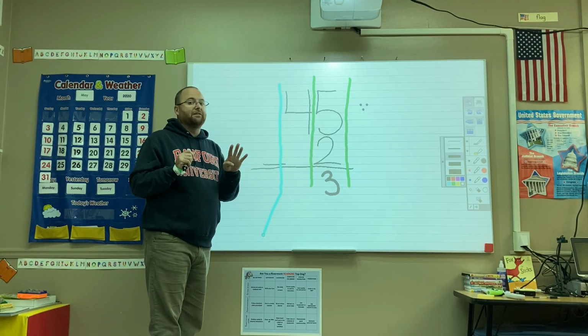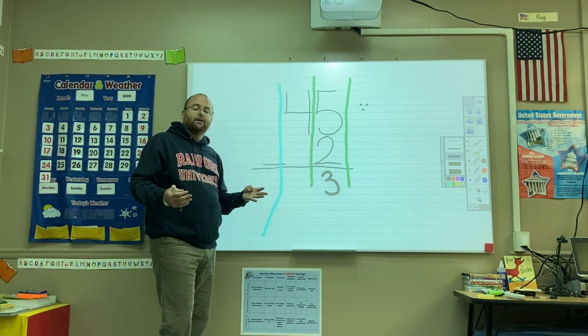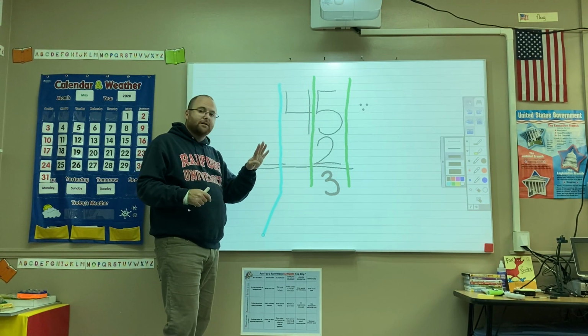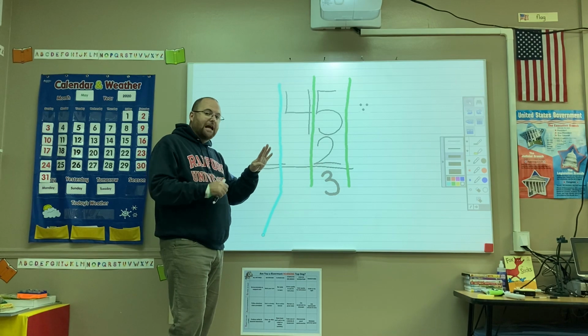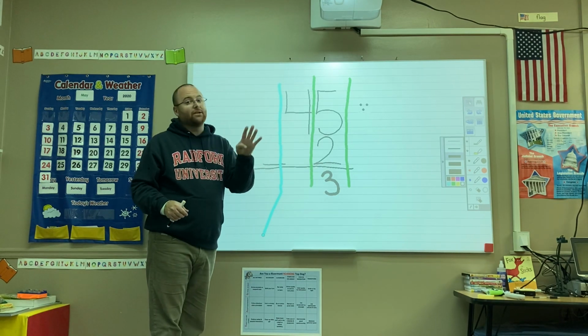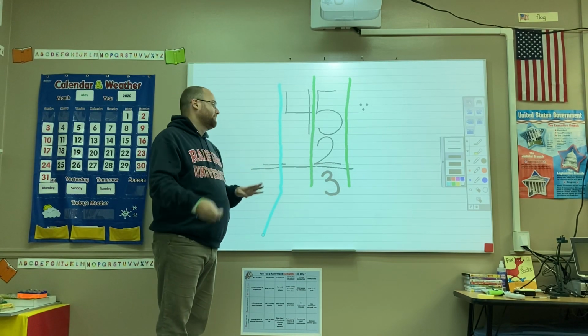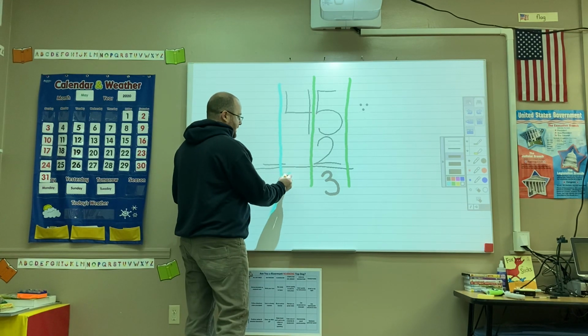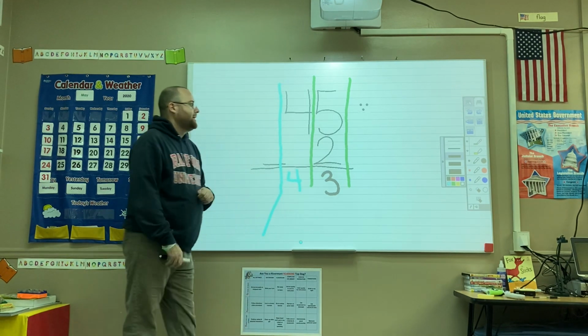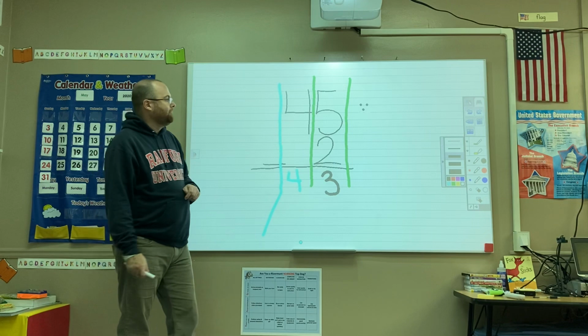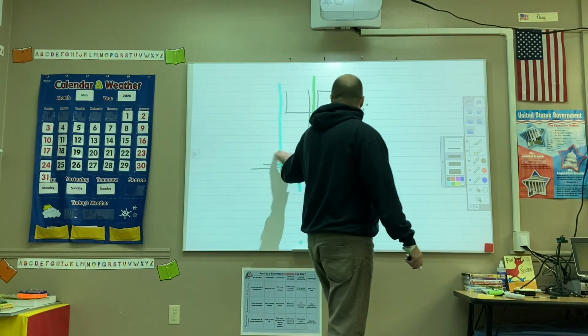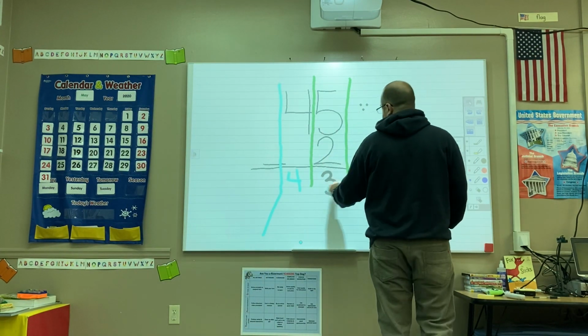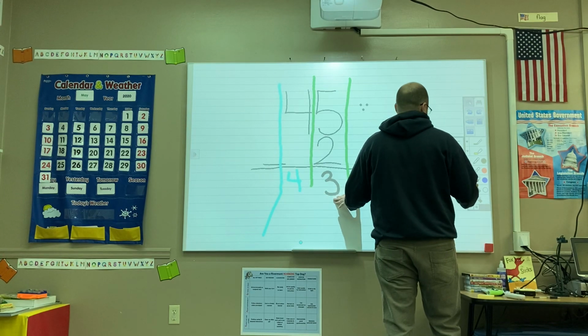How many do you have left? You still have 4. If you have 4 books and you gave away none of them, how many books do you still have? You still have 4. All right? The answer over here is 4. So if I look at this problem, 45 minus 2, the answer is 43.